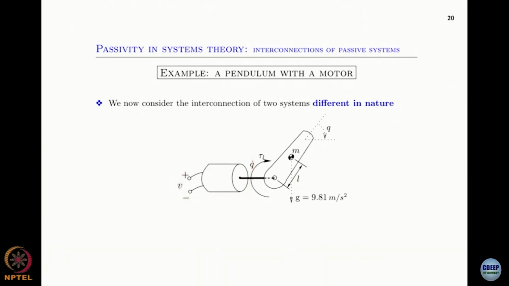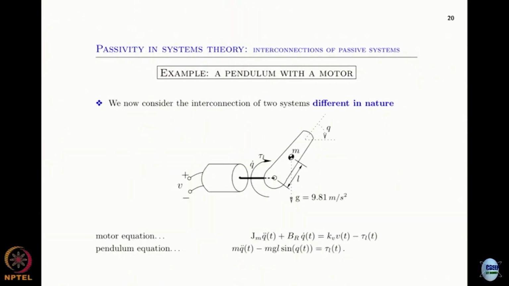And this motor has an output which is going to be the torque that is going to be injected into the pendulum. But it obviously needs to have an input that transforms the energy to move the pendulum, and that input will be typically a voltage, right? You apply a voltage into the motor, you make it spin, and generate a torque that moves the pendulum, right?